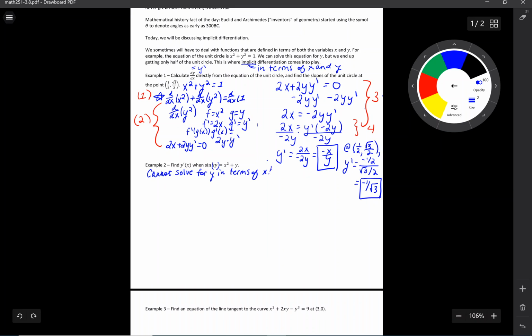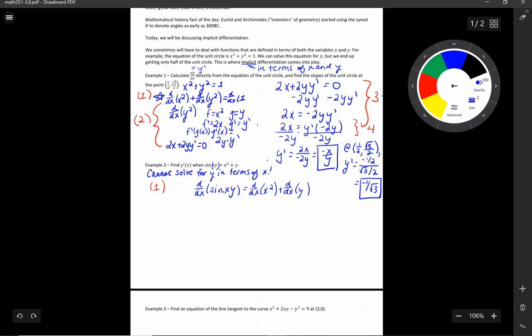My first step is I take the derivative with respect to x of everything on both sides of the equation. Step 1.